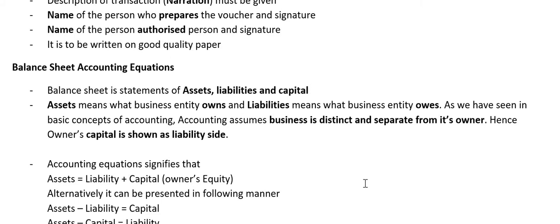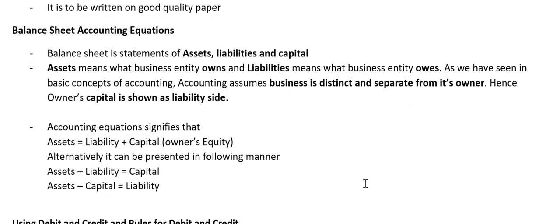So now we have derived the definition: assets are equal to liabilities plus capital. Now we will present it alternatively: assets minus my liabilities equal to my capital, and assets minus my capital equal to my liabilities.